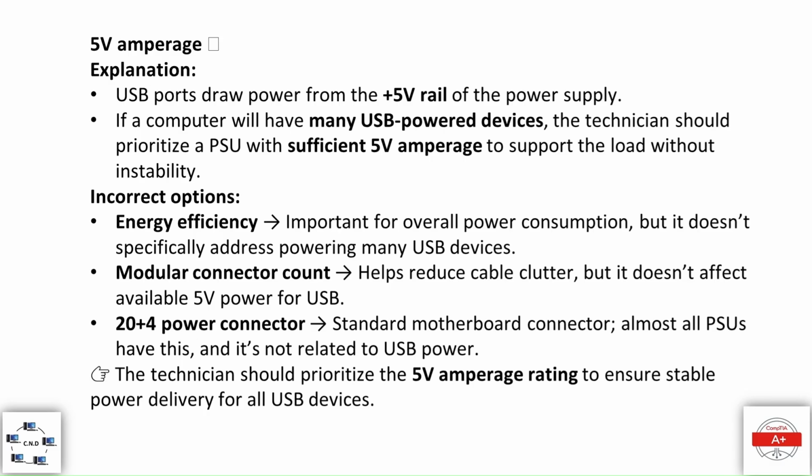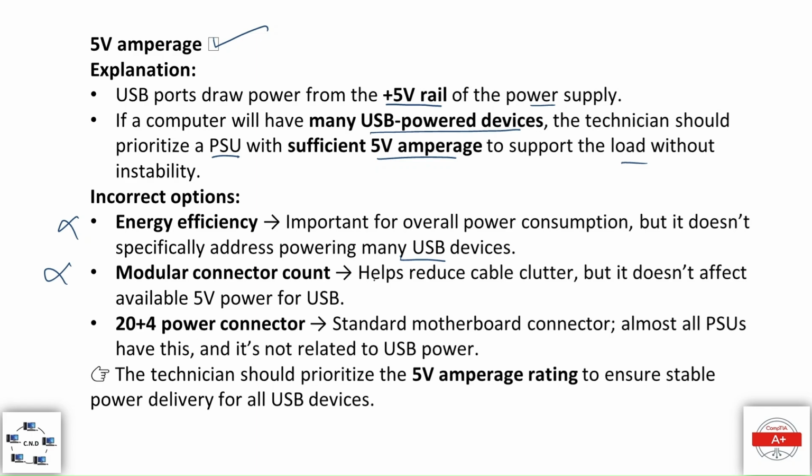And the explanation is, this is our correct option. The USB ports draw power from the 5-volt rail of the power supply. If a computer will have many USB powered devices, the technician should prioritize a power supply unit with sufficient 5-volt amperage to support the load without instability. Incorrect options: energy efficiency is important for overall power consumption, but it does not specifically address powering many USB devices.